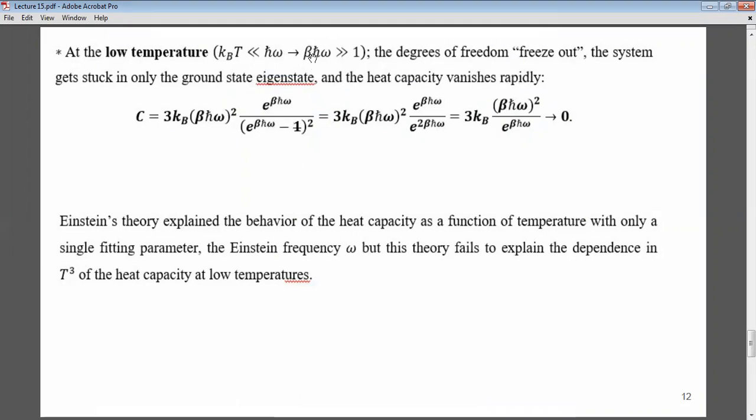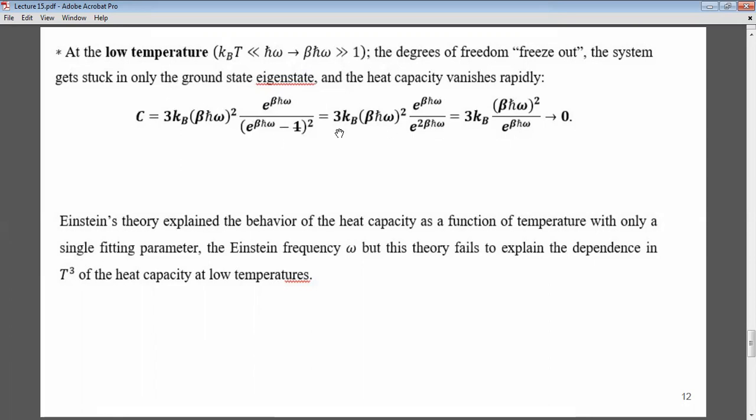So here beta h bar omega is much, much bigger than 1. If I do the expansion, what is (e to the beta h bar omega minus 1) squared? It is e to the 2 beta h bar omega plus 1 minus 2 e to the beta h bar omega. Now if e to the beta h bar omega is much, much bigger than 1, the only term that will stay is e to the 2 beta h bar omega.